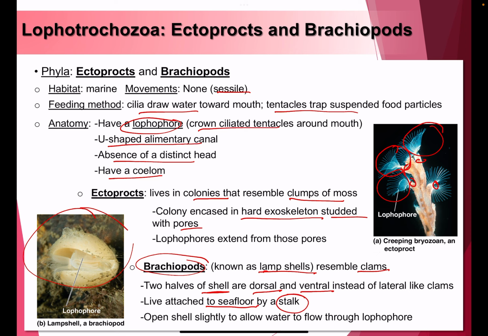So even though you can't really see it, there is a stalk below that, in this sense, remember they are sessile creatures that can't move. So they're immovable, non-mobile clams in a sense. And then their shell opens slightly like this to allow water to flow through the lophophore. So inside of the two halves of the shell is a lophophore that allows for that filtering of water going through itself and ingesting those food particles that are coming in.